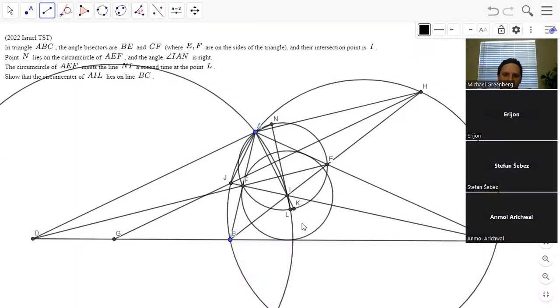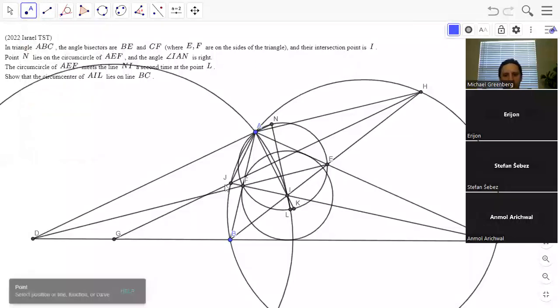So my idea is to use that GAI equals GIA. And then GIA, you could try drawing this point right here. It's like MIA minus MIG.